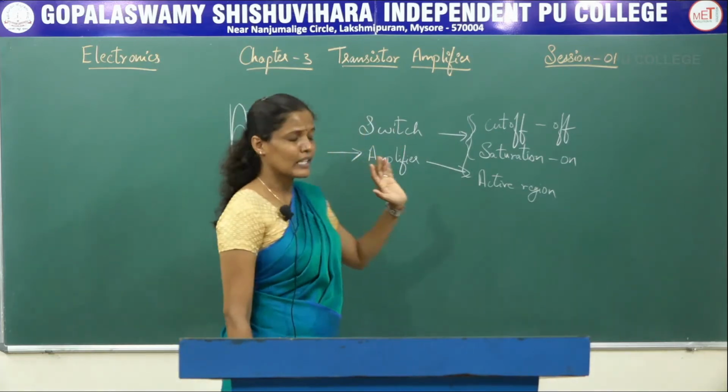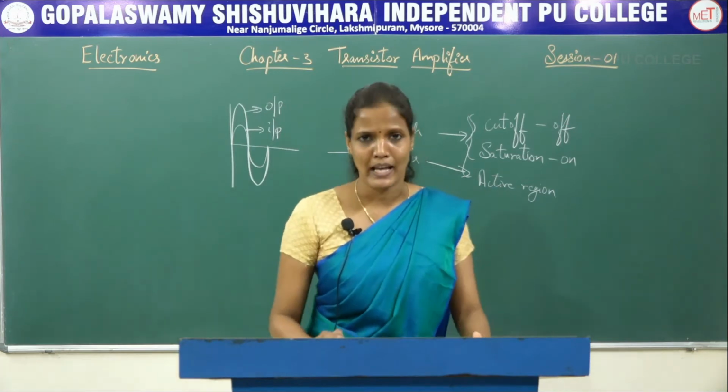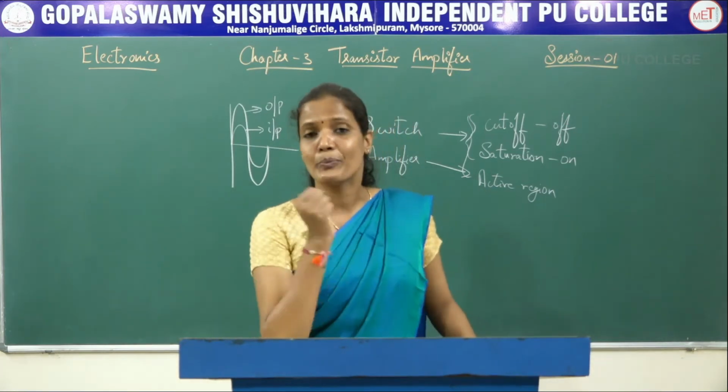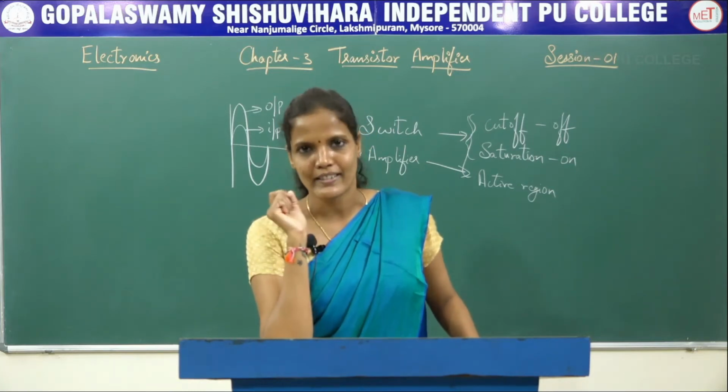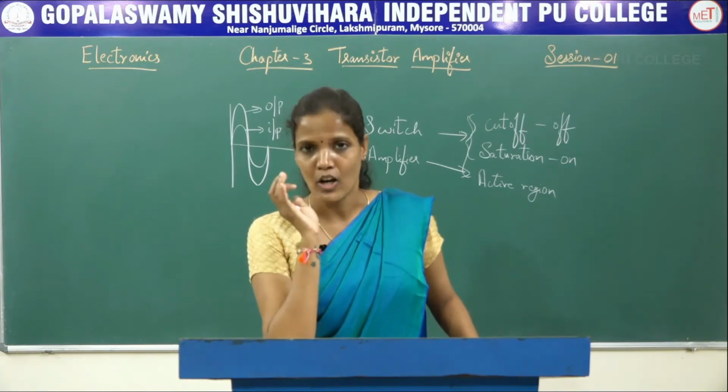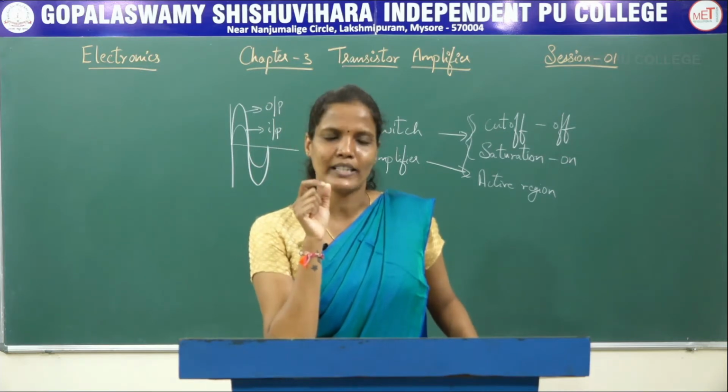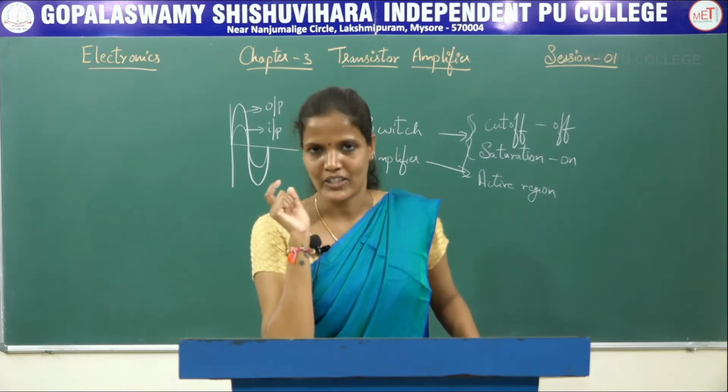Apart from this, there is a need for biasing. If I am not going to bias, that is, if I am not going to connect the external DC source, the transistor will not turn on. So it is very important to bias the transistor.